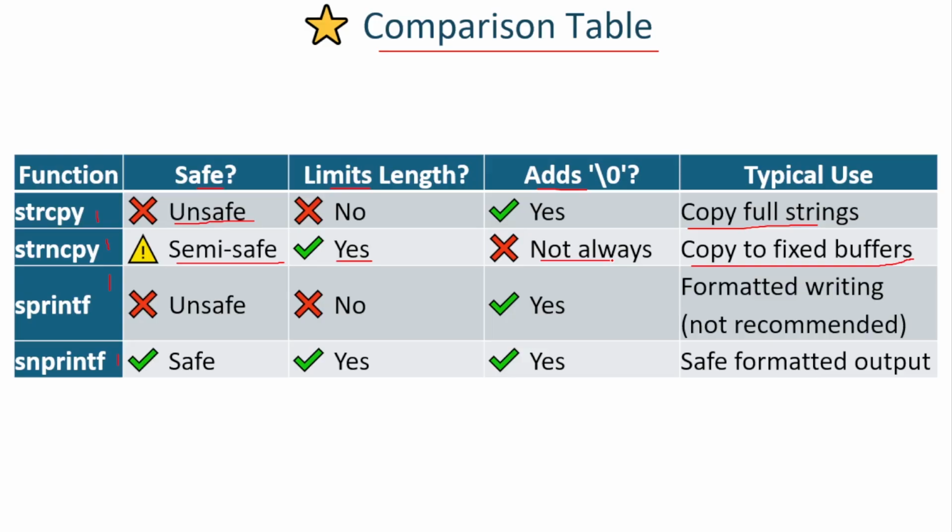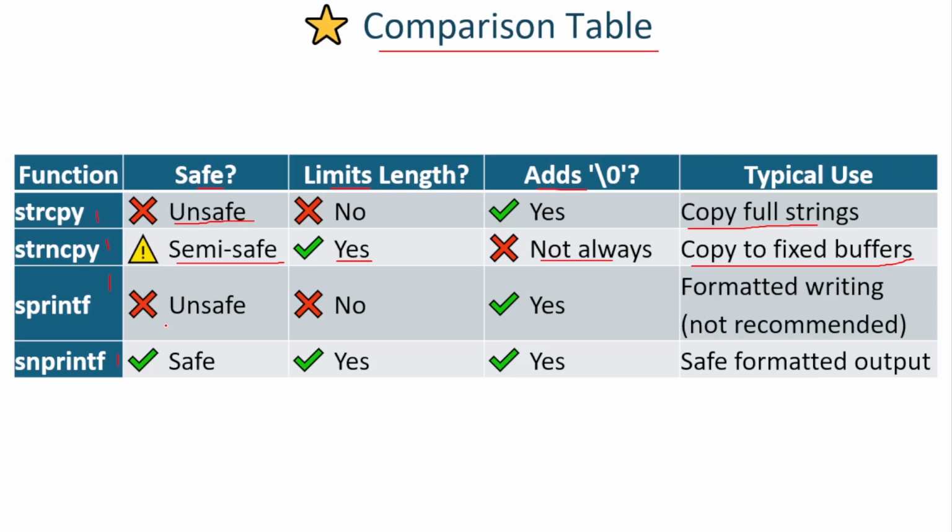This means your destination buffer may end up without a proper C string terminator unless you add it manually. It's typically used when copying into fixed size buffers.